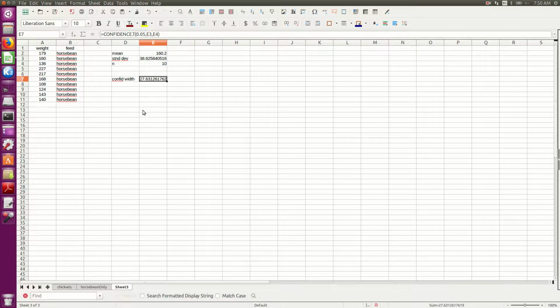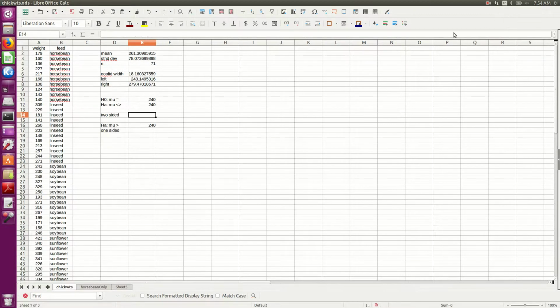And now my width is 27.6, and again I could get the left and the right simply by subtracting and adding respectively from the mean there, and so that's our small sample T confidence interval.